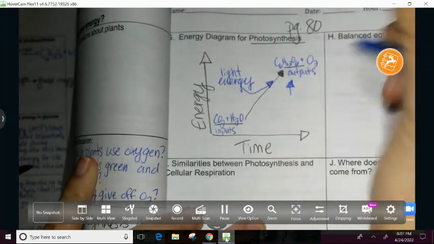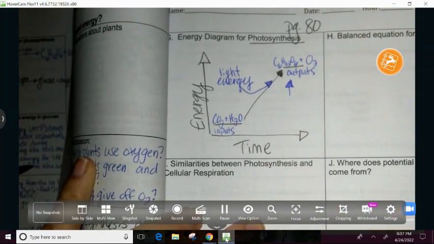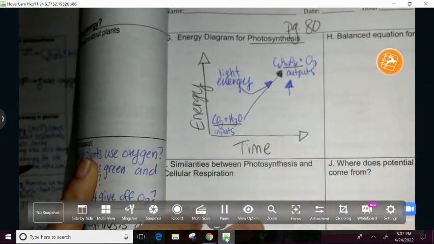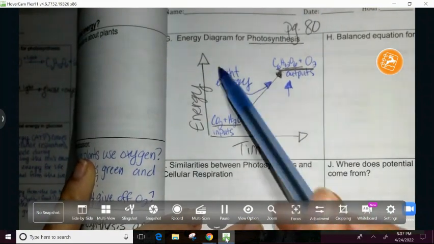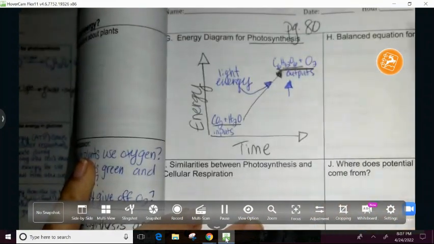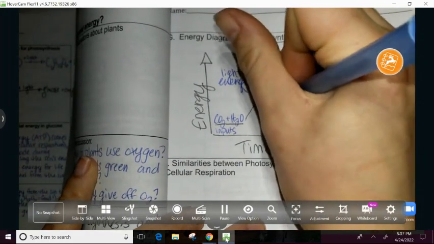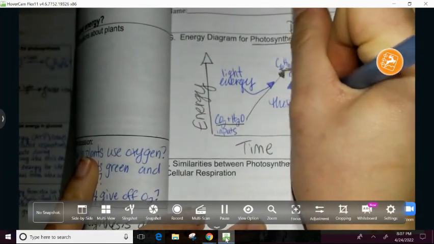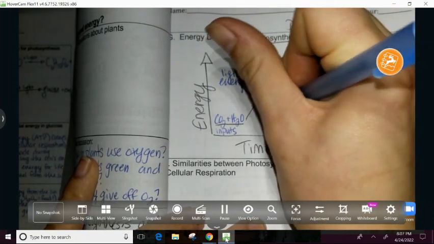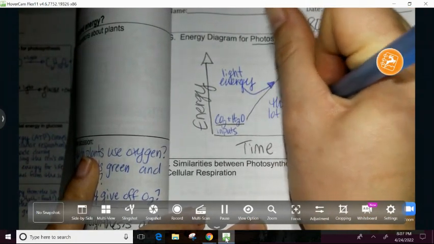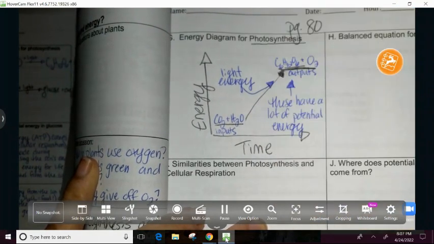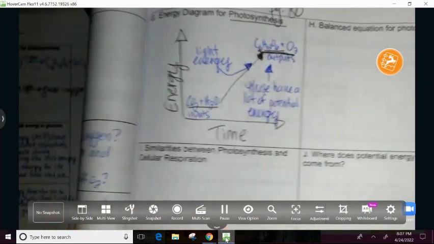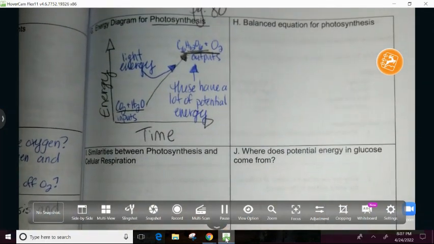Something to note is that our outputs from photosynthesis have a lot of potential energy. They're super high up on this energy diagram. You put in a lot of energy so that these have a lot of potential, stored energy. And then we need to balance the equation.